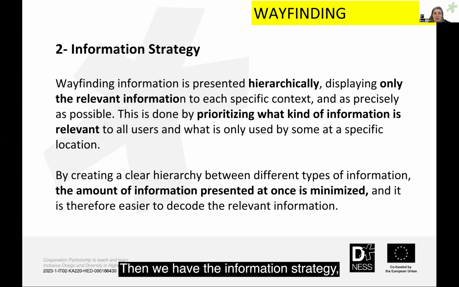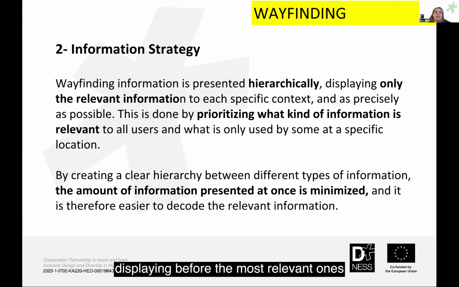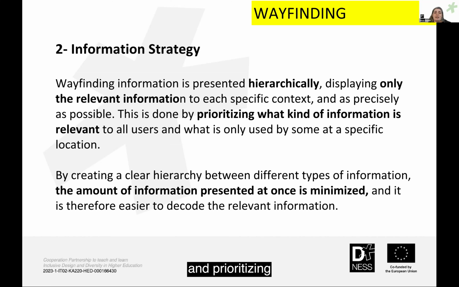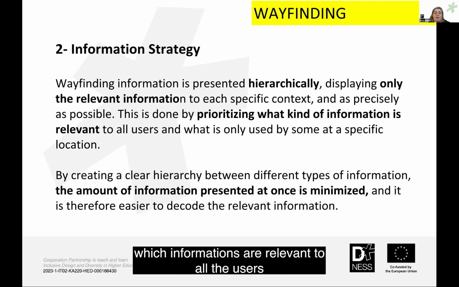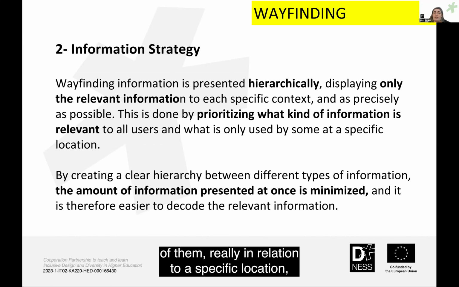Then we have the information strategy. So wayfinding information should be presented in a hierarchical manner, displaying the most relevant information first and prioritizing which information is relevant to all users and what is only used by some of them in relation to a specific location.